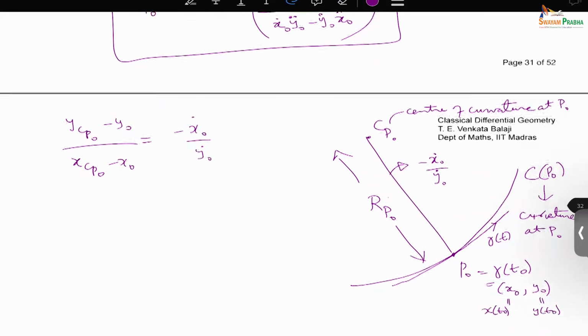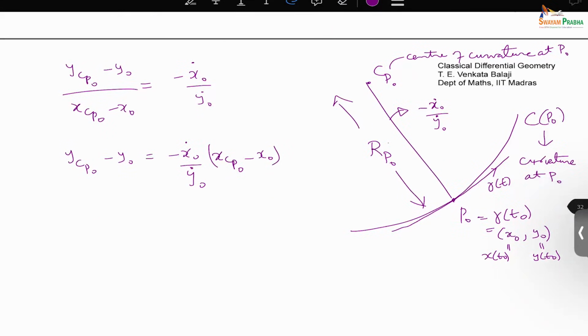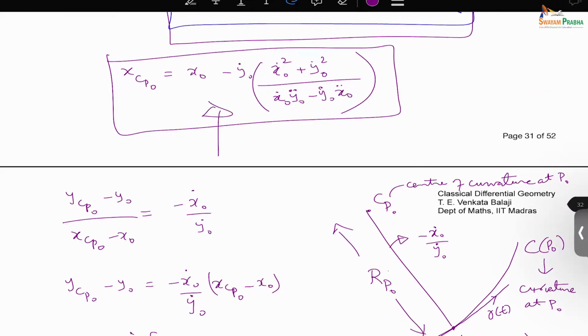So let us simplify this to get y cp naught. So you see y cp naught minus y naught is minus x naught dot by y naught dot times x cp naught minus x naught, okay. So let me plug this in. So it is minus x naught dot by y naught dot, okay. Now this x cp naught value I have here, so let me plug it in.